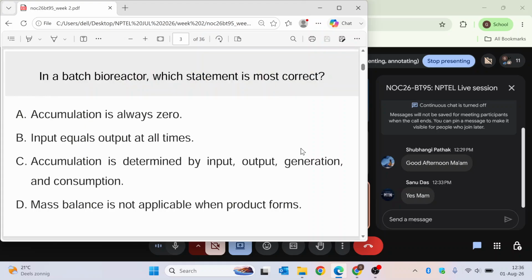Okay, as I told, the first question is, in a batch reactor, which statement is the most correct?